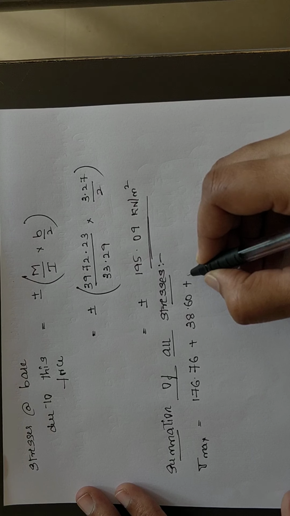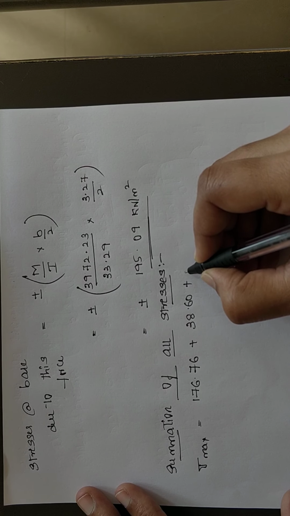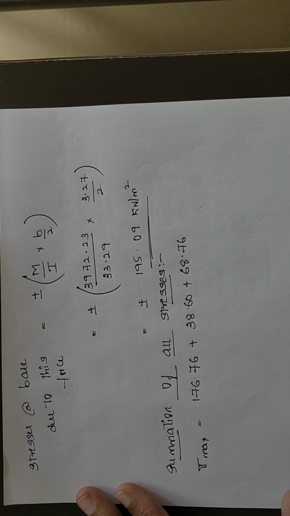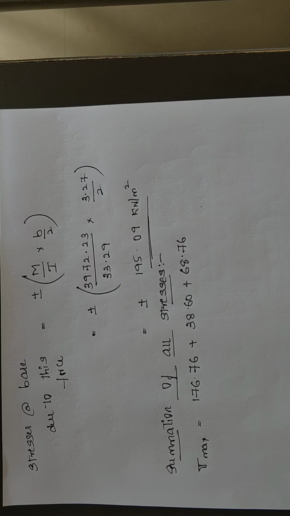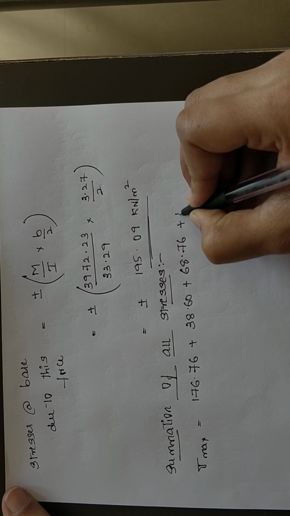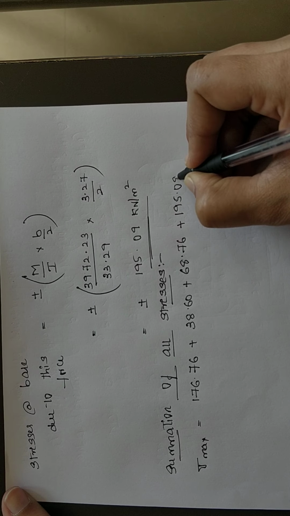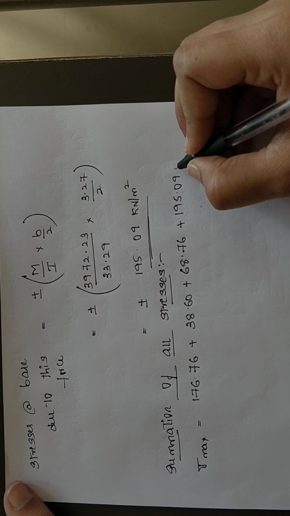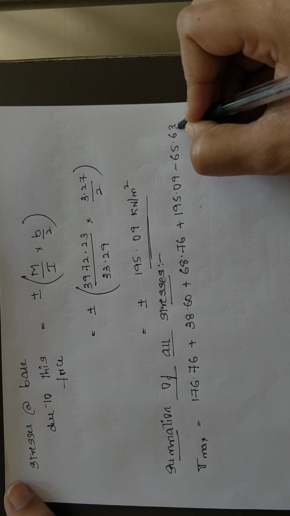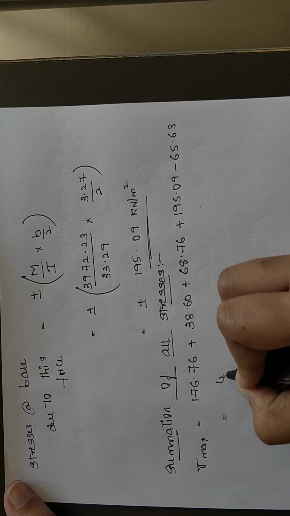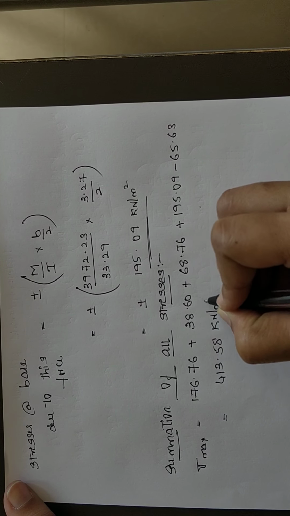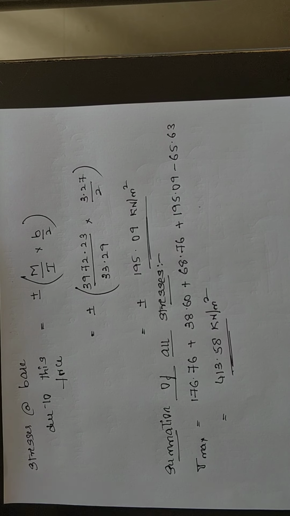Next is the stress due to water current. The maximum positive values need to be considered. Add up all the maximum stresses: 195.09, the stress due to water current, and the stress due to buoyancy, which is negative, minus 65.63. You will get 413.58 kilonewton per meter square. This is your sigma max.